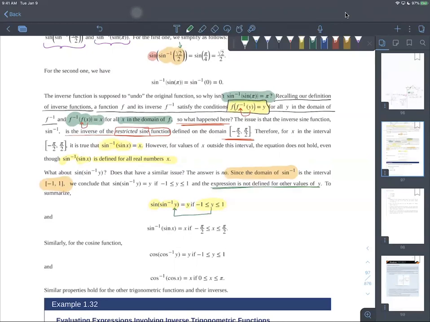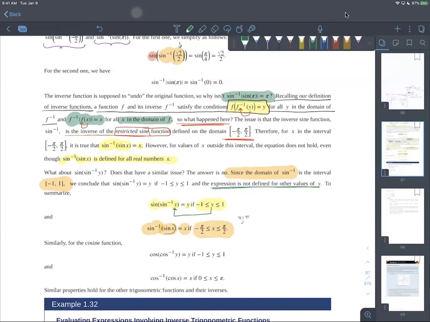Whereas the other way around, the sine inverse of sine of x is going to be equal to x if x is in the interval from negative pi over 2 to pi over 2. But as soon as we choose an x value that is outside of the interval, like x equals pi, as we saw in the example from before, pi is outside of the interval.